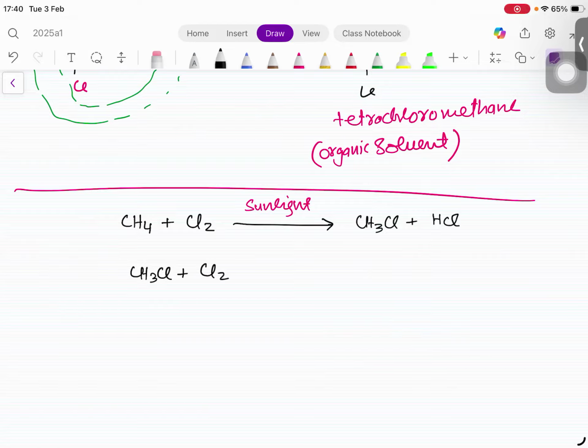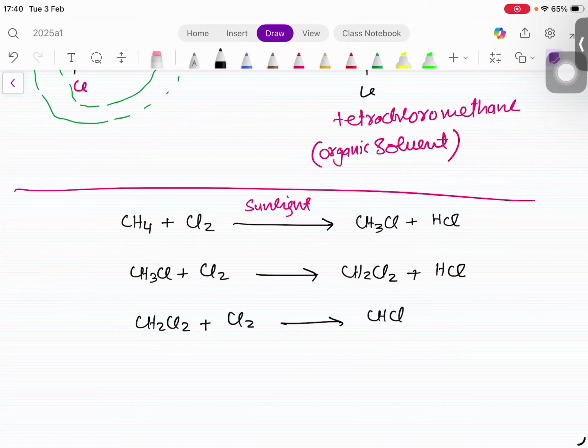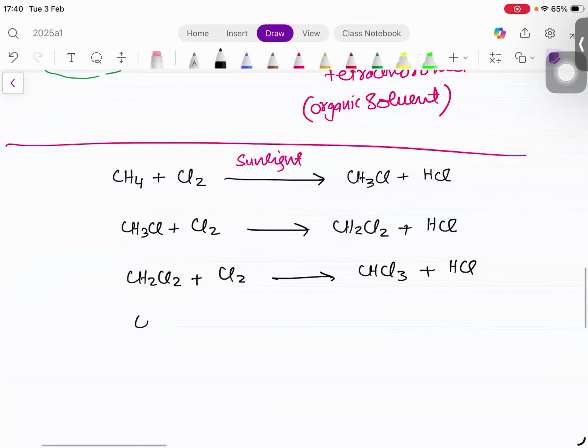What is the product then? CH2Cl2 plus HCl. Then again CH2Cl2 reacts with Cl2 to make what? CHCl3 plus HCl. And then again CHCl3 plus Cl2 gives us what? CCl4 plus HCl.